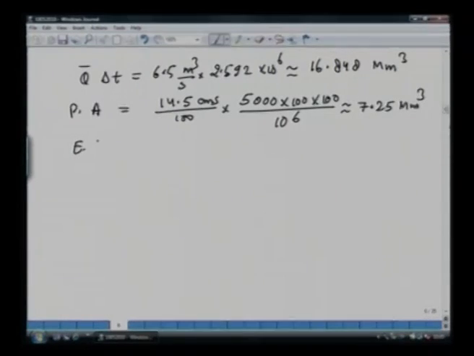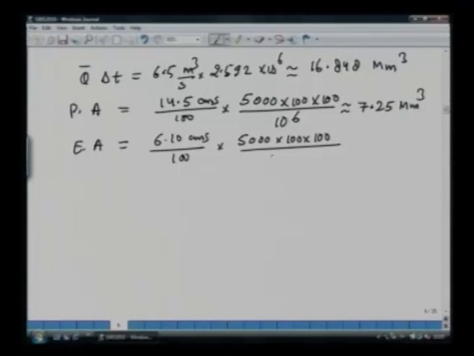Similarly, we find the evaporation losses from the lake. It will be 6.10 centimeters divided by 100, so this will be in meters, multiplied by the same thing, and this also will be in million meter cube.